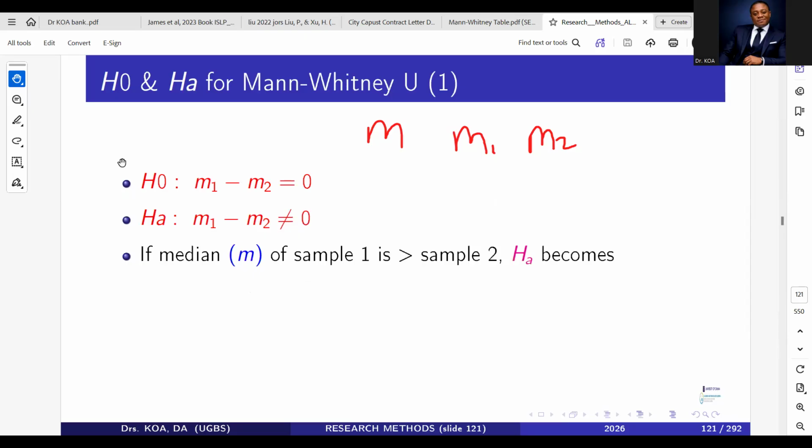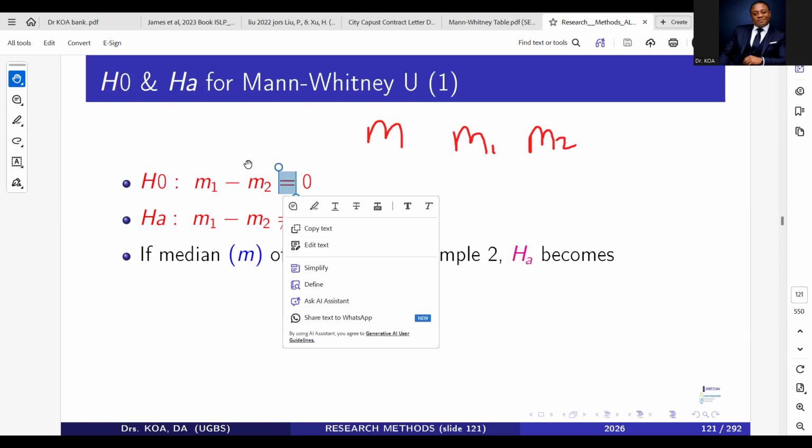The null and the alternative hypothesis. I told you that the null hypothesis always carries some level of equality in it. Write it down. And I know you've written it down already. So when you take this one here, this symbol is equal to, and you have the median of the first group minus the median of the second group.